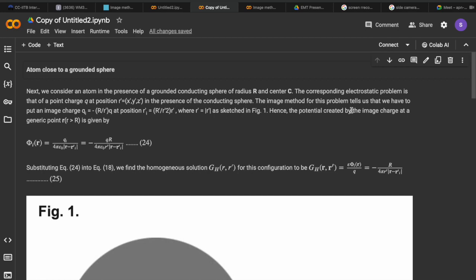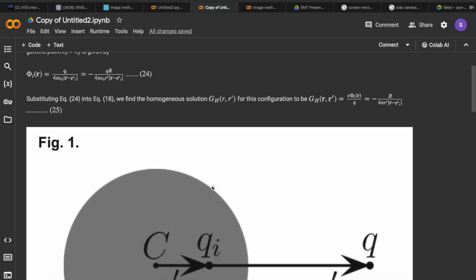The image method tells us that we have to put an image charge qi positioned at r dash I, which is seen in figure 1. Hence, the potential created by the image charge at a generic point r, which is greater than R, is given by this equation.